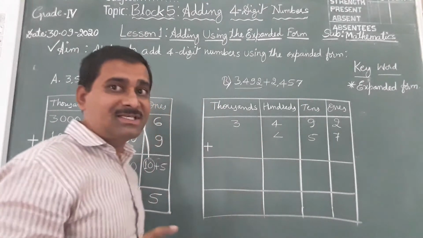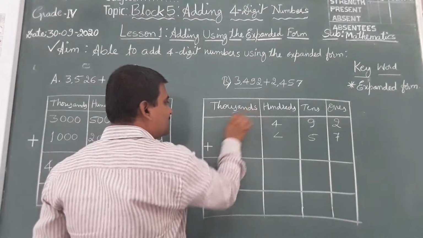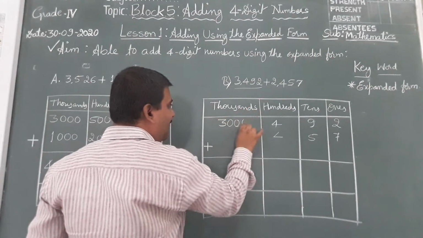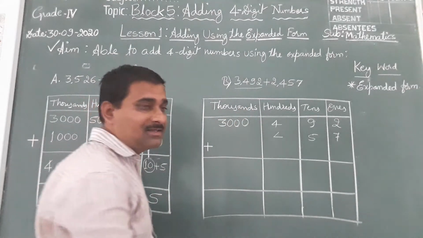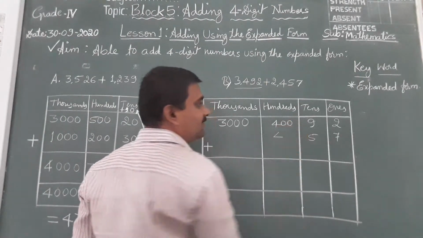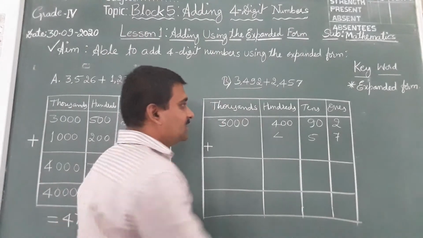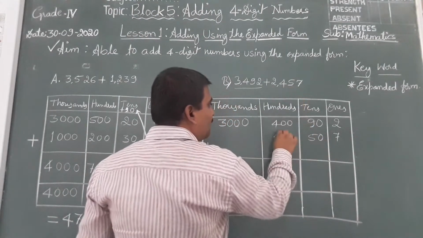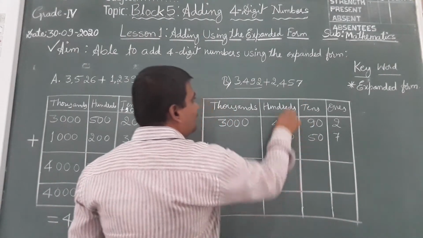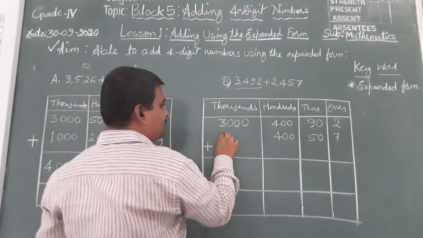See, 3000 means what you should write? Expand. 400. Expand. 90. This is 50. 400 again. And 2000.